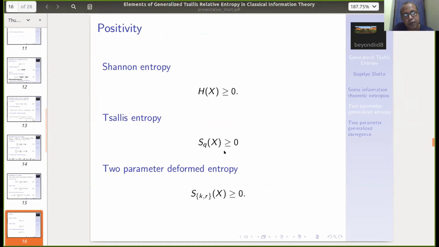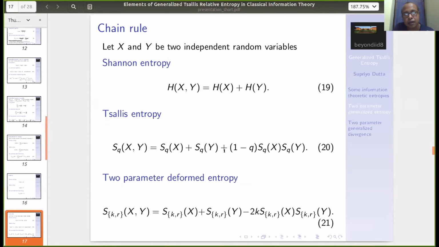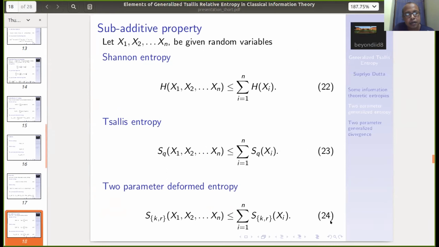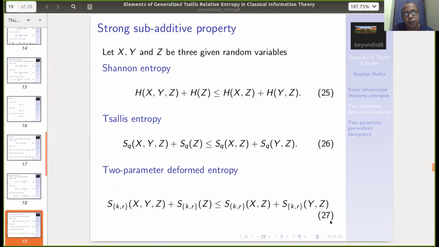Like the Shannon entropy and Tsallis entropy, this also follows the non-negativity criterion. Also, we can prove a similar chain rule, which I have mentioned in equation number 21, and subadditive property, strongly subadditive property, and so on.